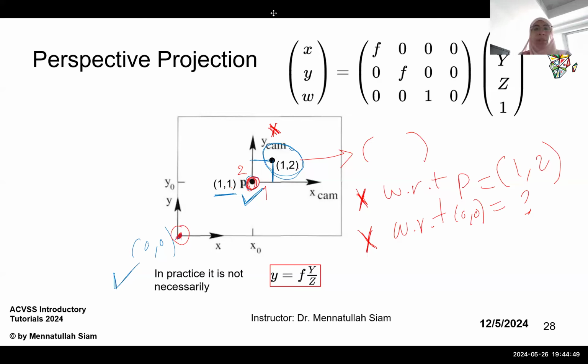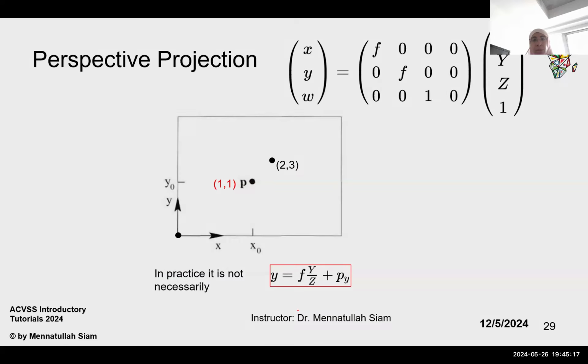Intuitively, from looking here, I want to get it with respect to this. So what do you think? Yeah? Exactly, it's going to be 2, 3. Simply you added 1 on the X and 1 on the Y just because the P is 1, 1. Thank you, Rachel.